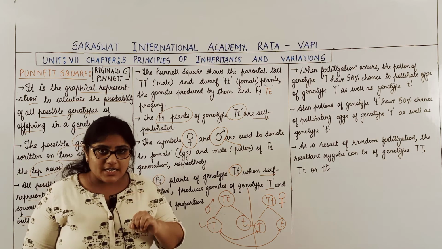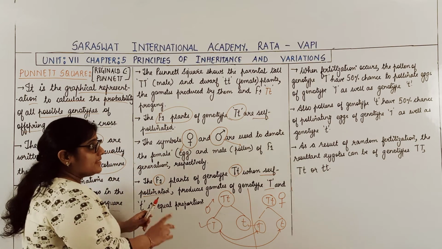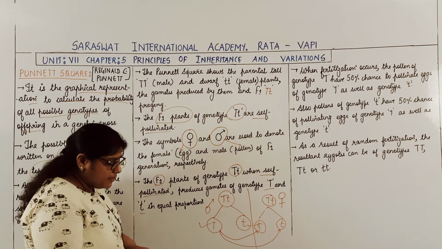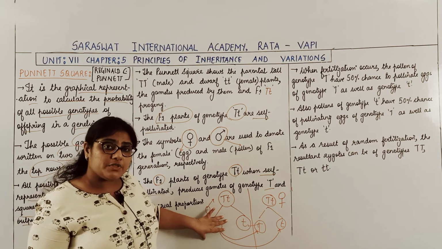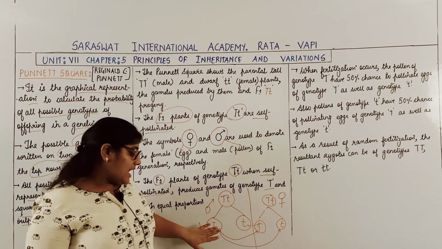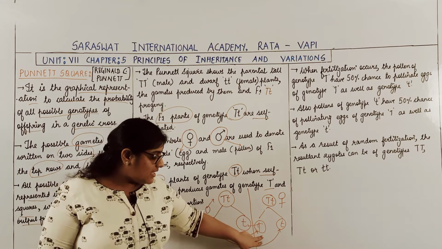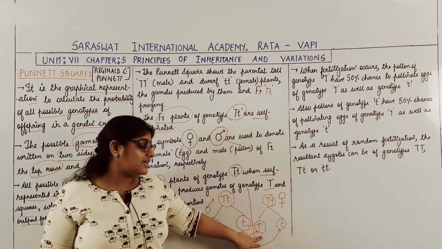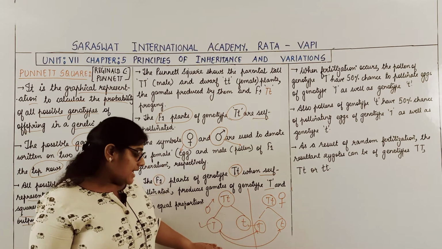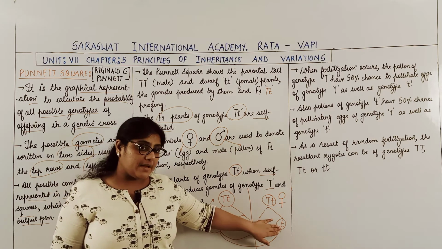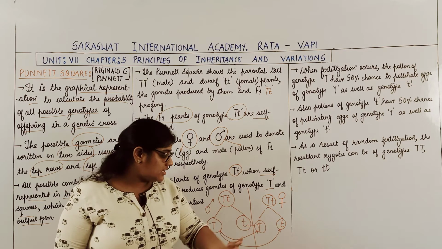When fertilization takes place, the male gamete, here pollens, of genotype capital T have a 50% chance to fuse with the egg containing capital T, as well as a 50% chance to fuse with the gamete containing the gene small t.